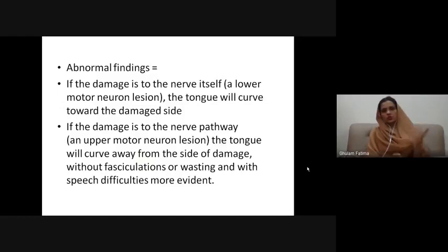And if the damage is to the pathway up where there is upper motor neuron lesion, then the tongue will curve away from the damaged side. That will be the contralateral side. There will also be no fasciculations or wasting, and speech difficulties will be more evident in that case if there is upper motor neuron lesion.